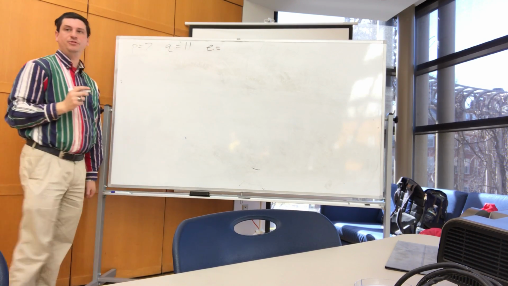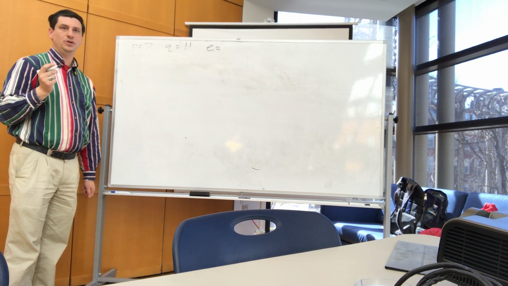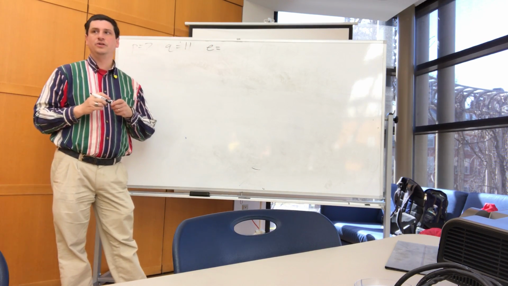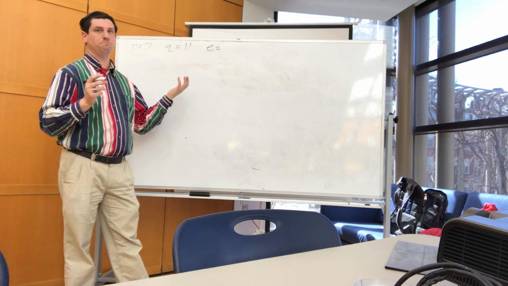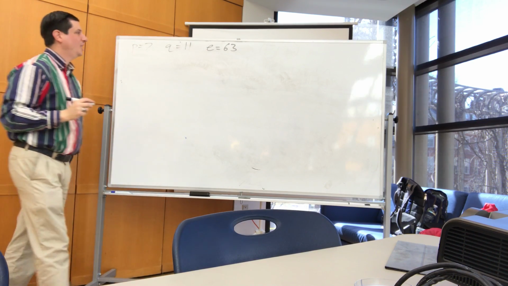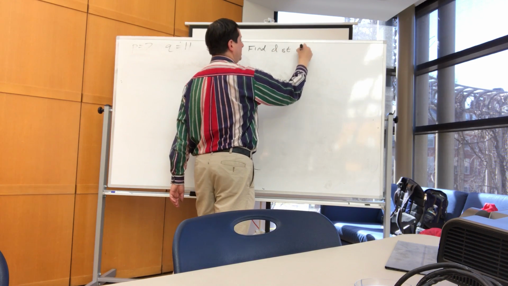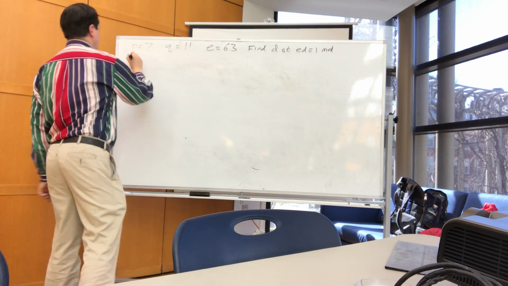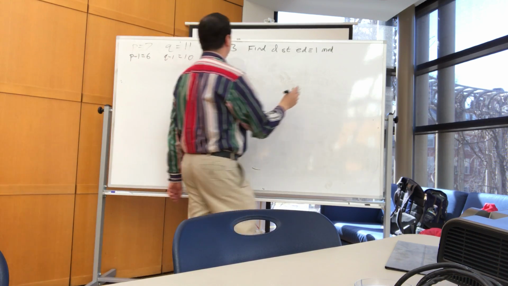You need some number relatively prime to the modulus. Sure, 5, or do you want a larger number, like maybe 63? Okay, 63. We want to find D such that ED is congruent to 1 mod (P minus 1)(Q minus 1). P minus 1 is 6, Q minus 1 is 10, so mod 60.